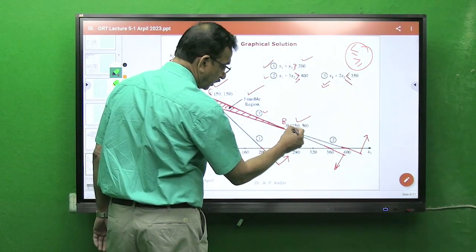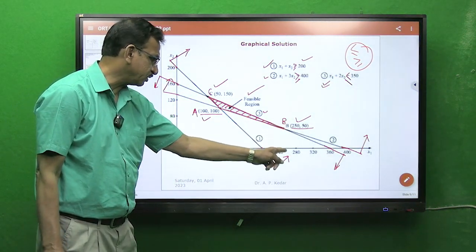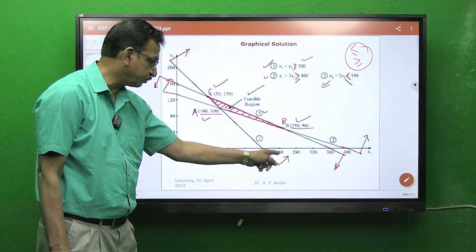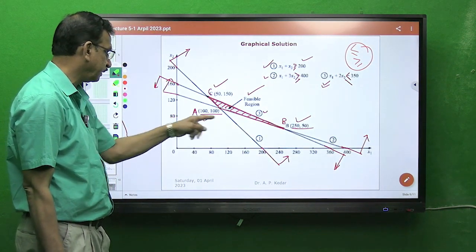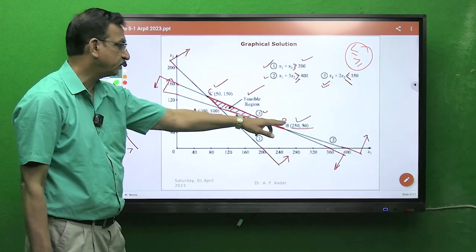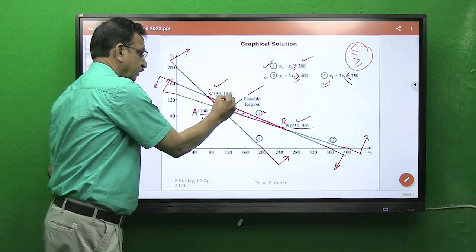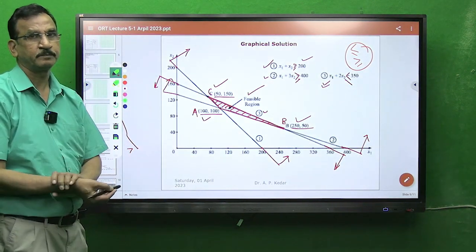The value of B is x1 approximately 250 and x2 approximately 50. Similarly for C, the x1 coordinate is 50 and the x2 coordinate is 150.